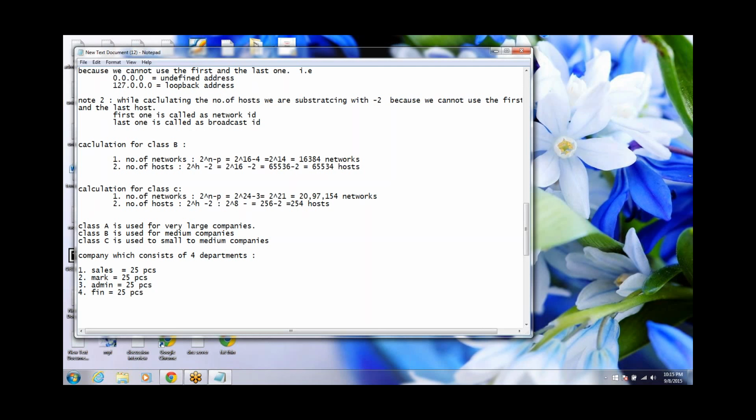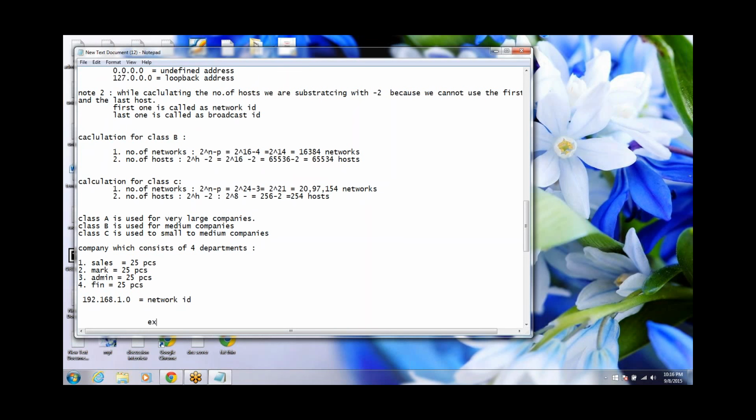And to assign them, he has specified one network ID, 192.168.1.0. This is called the network ID. Actually, what is a network ID? The network ID is nothing but the identification of a network here. For example, take this address, 192.168.1.50. For this IP address, what is the network ID and what is the broadcast ID?